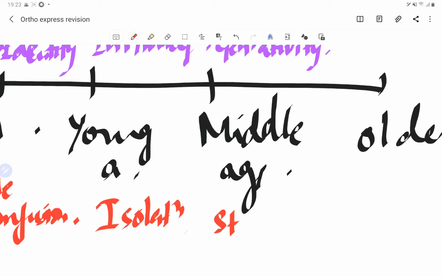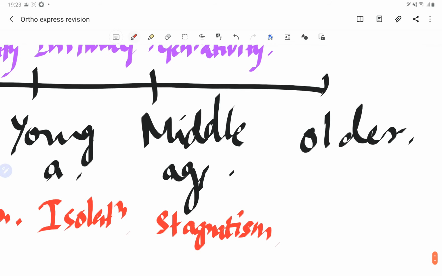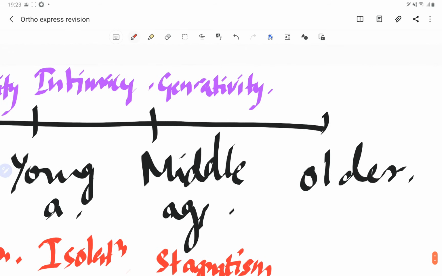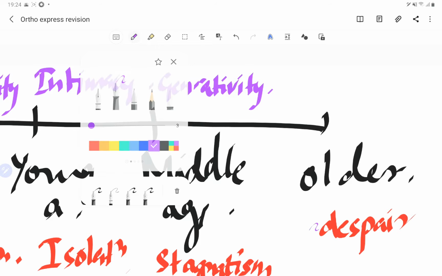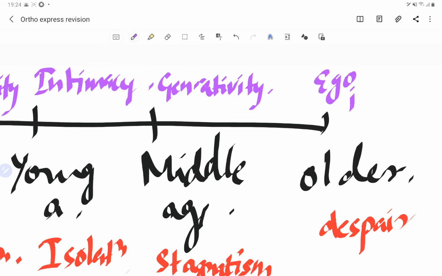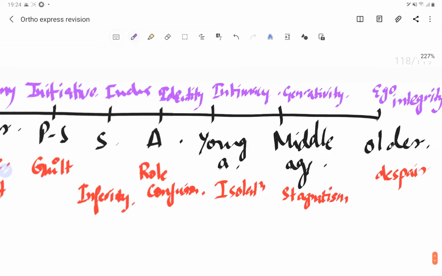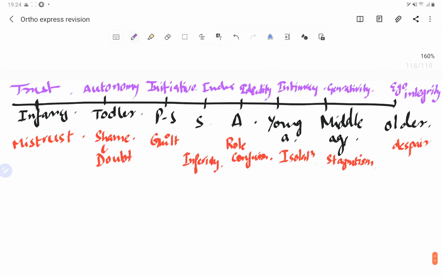That means he is doing a 9 to 5 job and he is just passing the life. Or in the older age, there can be either ego integrity or despair. So guys, this was the psychosocial theory by Erik Erikson.